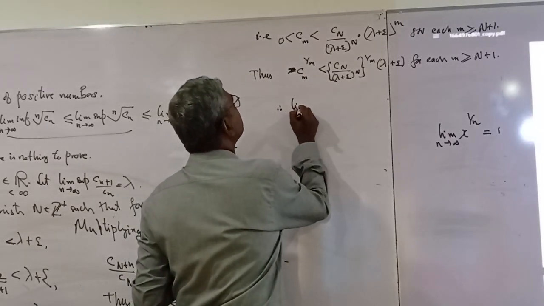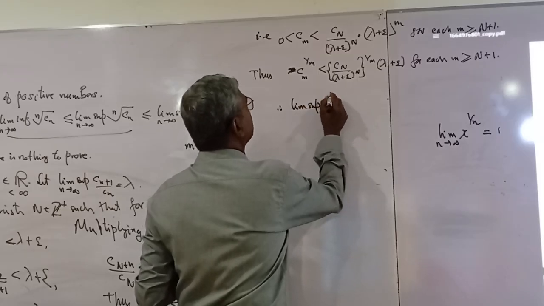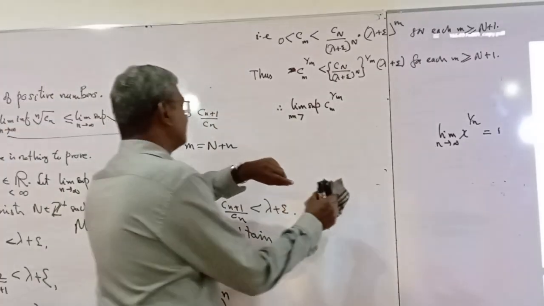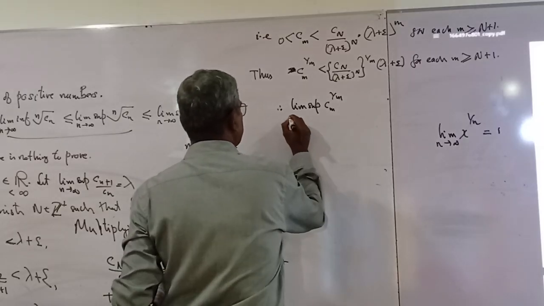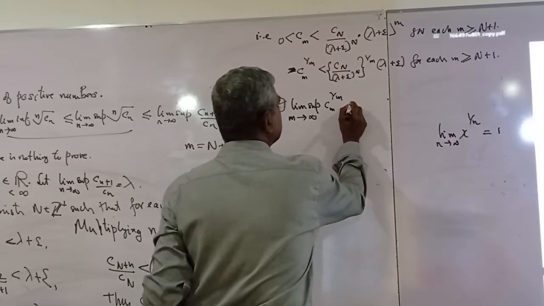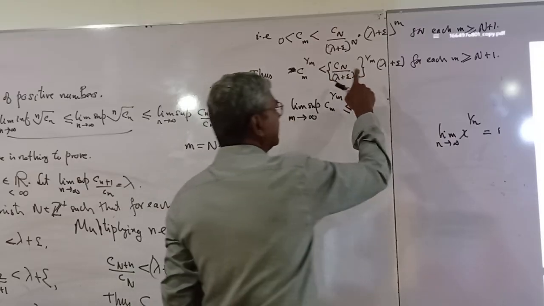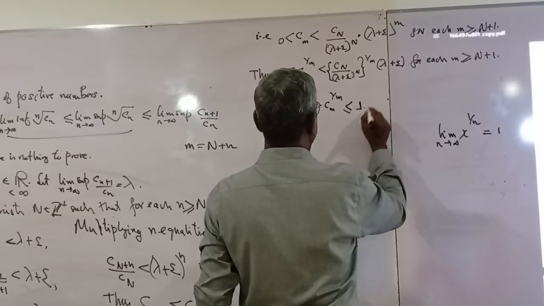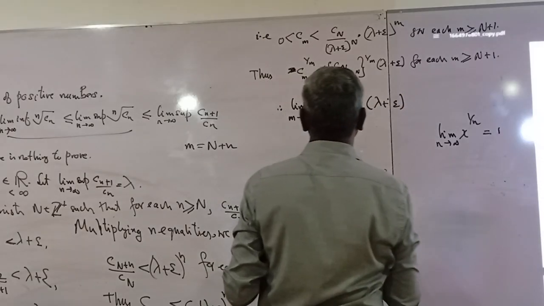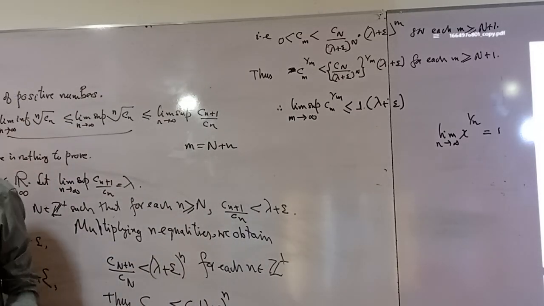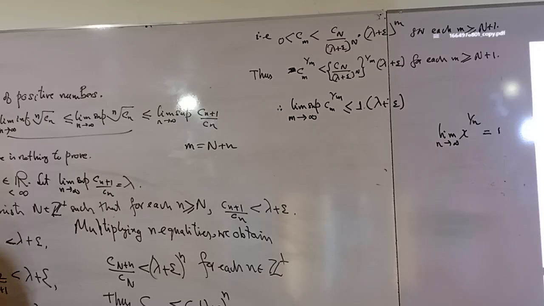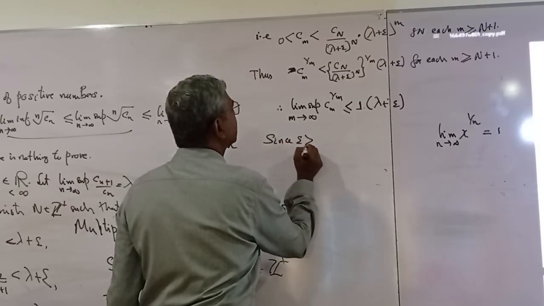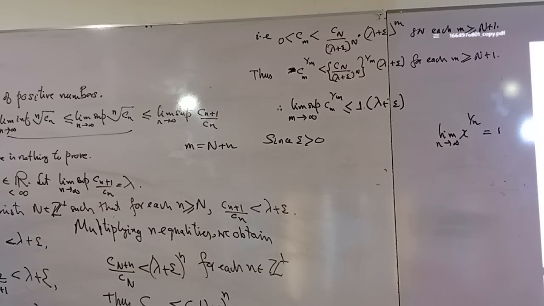Therefore, lim sup Cm raised to the power 1 over m, m tends to infinity, is less than or equal to, if the limit is 1, then lim sup is also 1, so 1 times lambda plus epsilon.